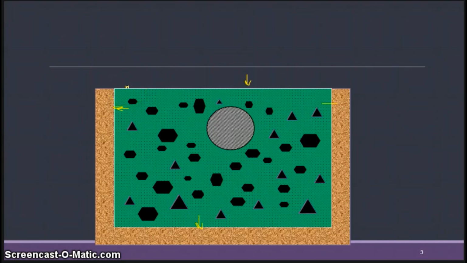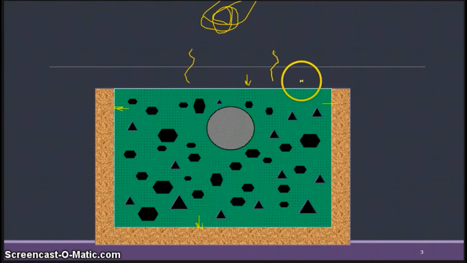If the rate of bleeding is lesser than the rate of evaporation, because the sun is going to be beating down on this concrete, and we have done this concreting during the daytime, the water is going to evaporate out from the concrete surface.